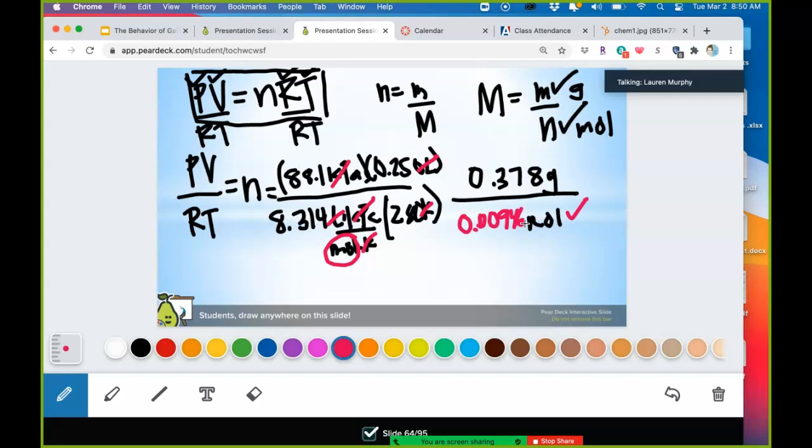So you take 0.378, you divide by the moles, and you get 39.95, which really is 40, right? So it's the same number. This is just an alternate method, so you do whichever way you feel comfortable with.